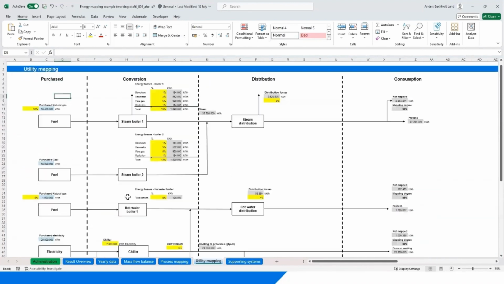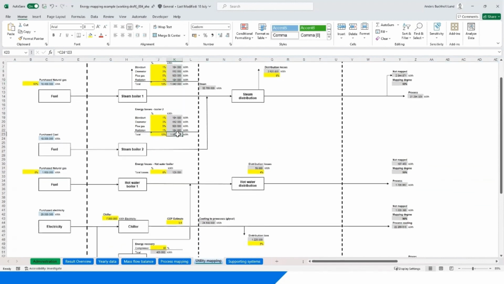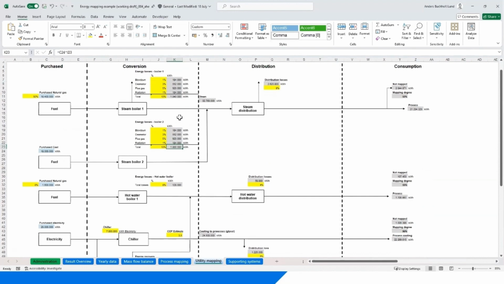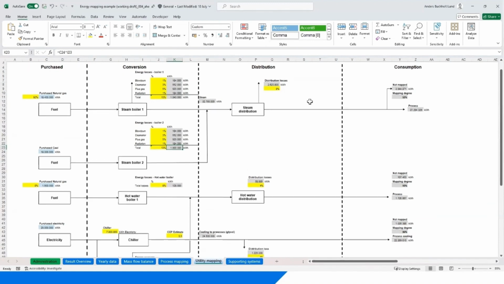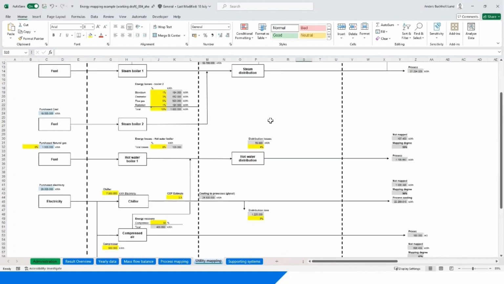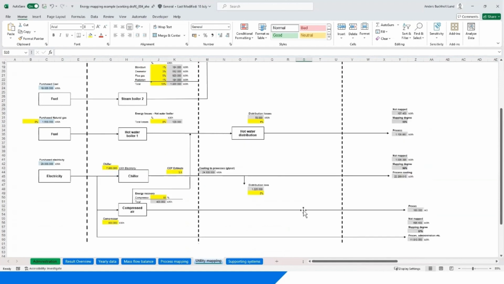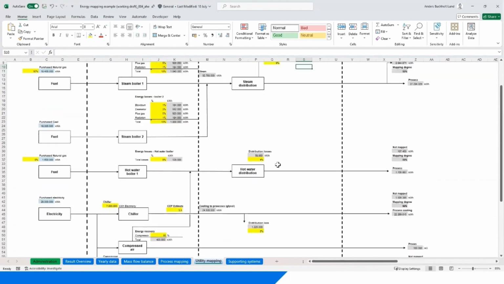Here you can estimate the losses throughout the system, so they add up. You have energy losses that sum up, which will of course not be available for the energy balances. Then we have our distribution systems, steam distribution, hot water, compressed air systems, or glycol, whatever you have on site.